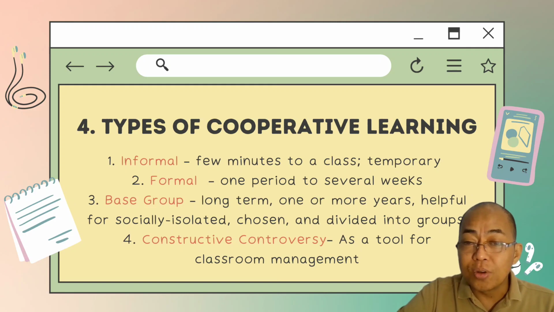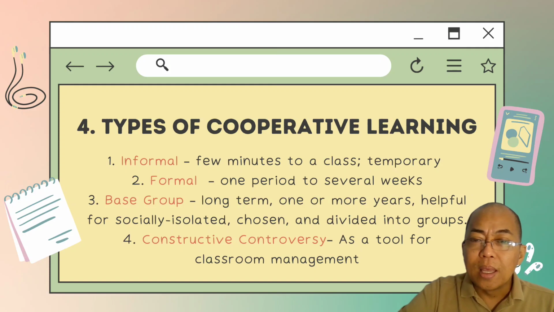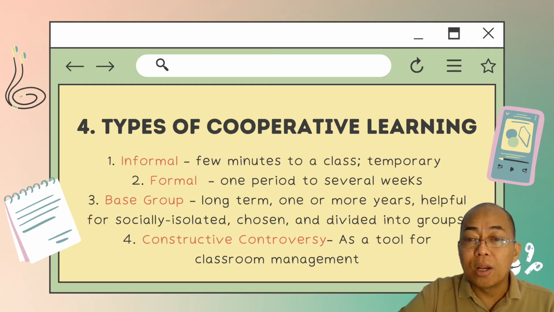So one of the interventions that we implemented was the home visitation, and part of the intervention was to introduce cooperative learning, encouraging students to participate and engage in the discussion in their assigned learning groups.